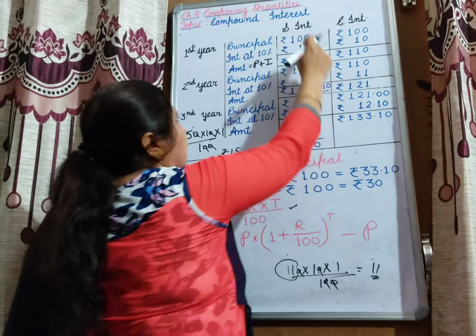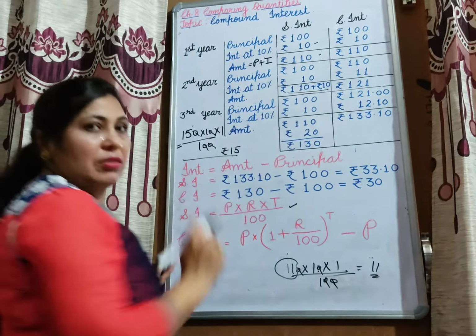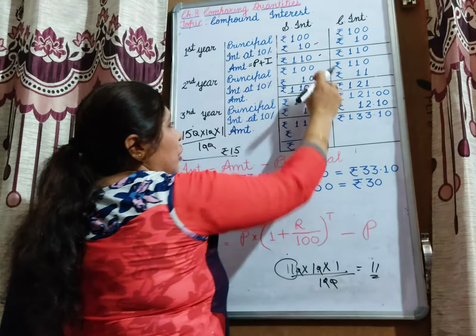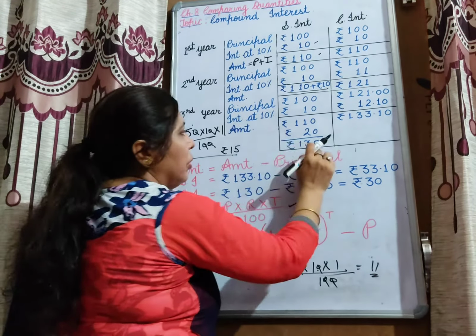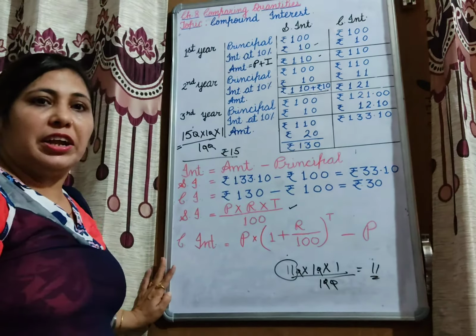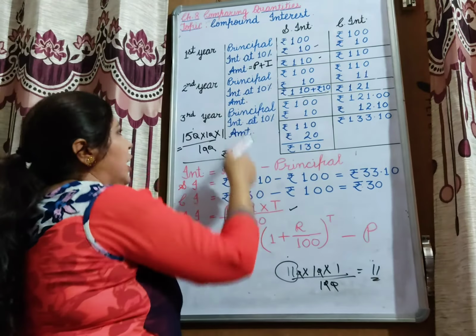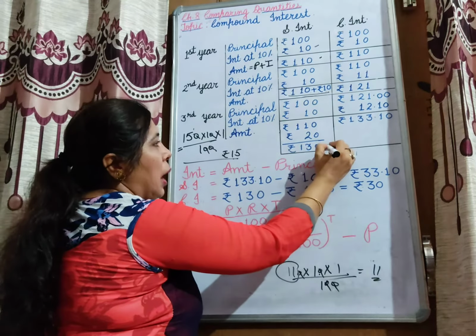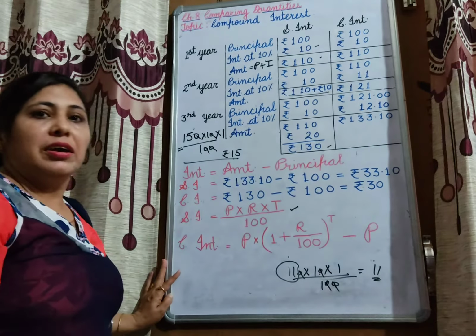Each year you are getting 10 rupees as interest. Means 100 plus 10 plus 10 plus 10, you will get total amount rupees 130. Means after 3 years, if simple interest is there, then we have to pay amount rupees 130.